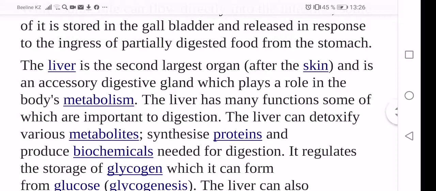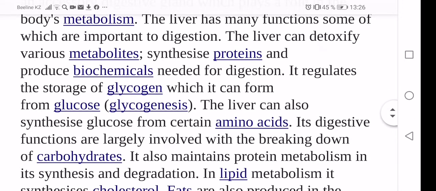The liver is the second largest organ after the skin and is a necessary digestive gland which plays a role in the body's metabolism. The liver has many functions, some of which are important to digestion. The liver can detoxify various metabolites, synthesize proteins, and produce biochemicals needed for digestion.